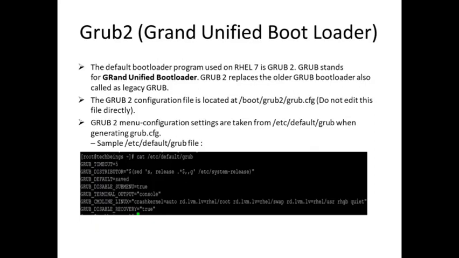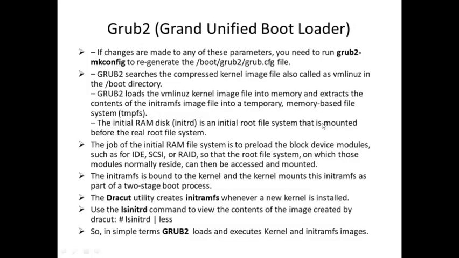Here you can see a sample of the /etc/default/grub file, which has all these options: GRUB_TIMEOUT, GRUB_DISTRIBUTOR, GRUB_DEFAULT, GRUB_DISABLE_SUBMENU, GRUB_TERMINAL_OUTPUT, GRUB_CMDLINE_LINUX, GRUB_DISABLE_RECOVERY. If changes are made to any of these parameters, you need to run grub2-mkconfig to regenerate the /boot/grub2/grub.cfg file.